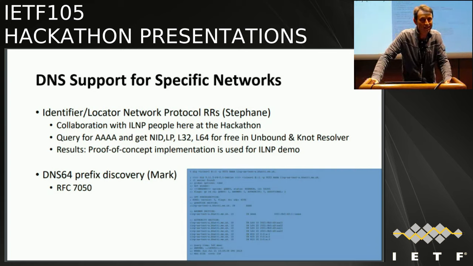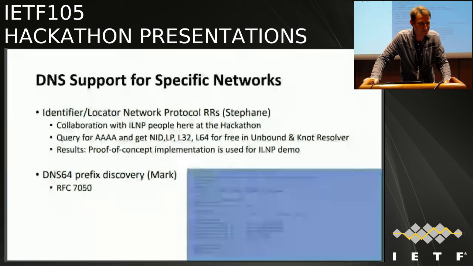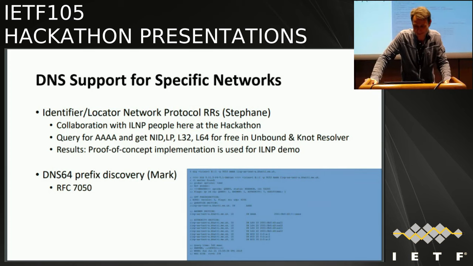So DNS is kind of the Swiss Army knife of the internet. Of course, I'm working on DNS, so I have some specific view on this. But for ILNP, presented already, there was some collaboration between Stefan and the ILNP group to extend part of the implementation of DNS to work with an identifier locator split.